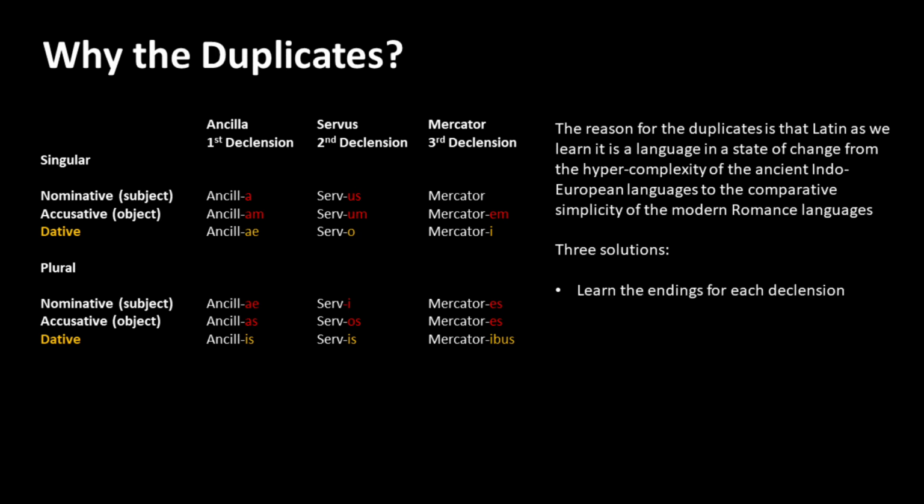First, you must learn the endings for each of these declensions. You must memorize their endings. You must be able to reel them off from memory, ancilla, ancillam, ancillae, and so forth. You must learn these, and you must learn all the other endings as and when these may be revealed to you.